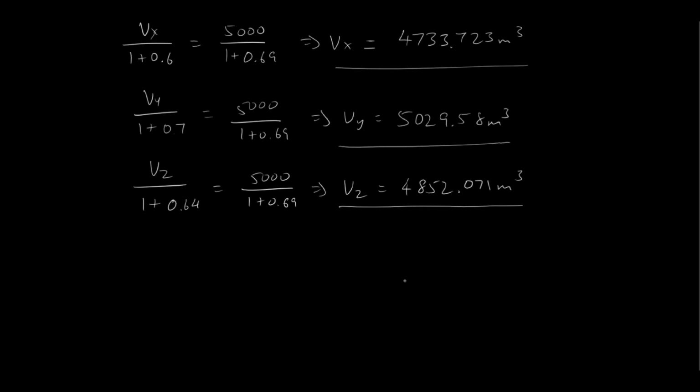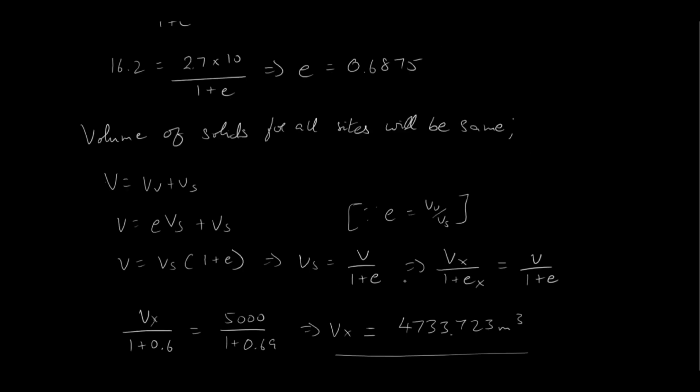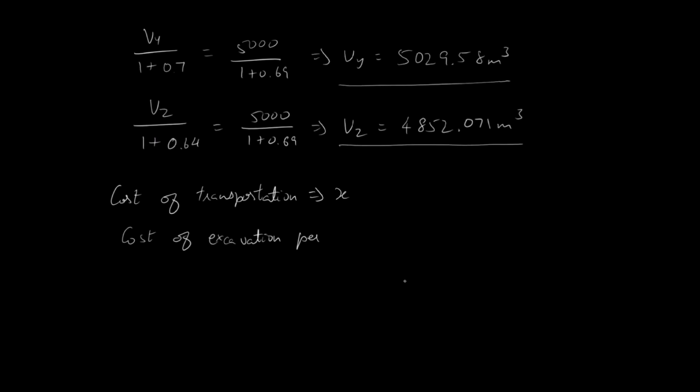Assume the cost of transportation is x, then the cost of excavation per meter cube is given by x by 2, or else we can take it as cost of transportation will be 2x and cost of excavation will be x. So it won't be any issue if you take it like this.